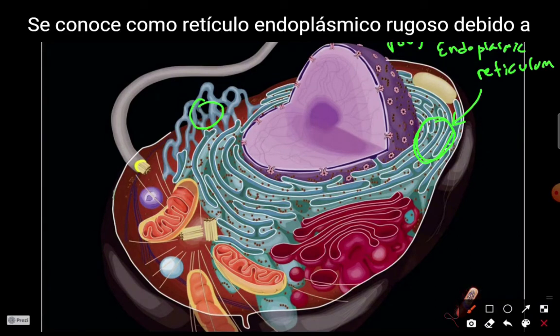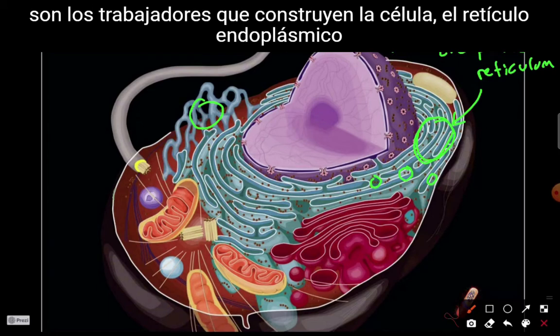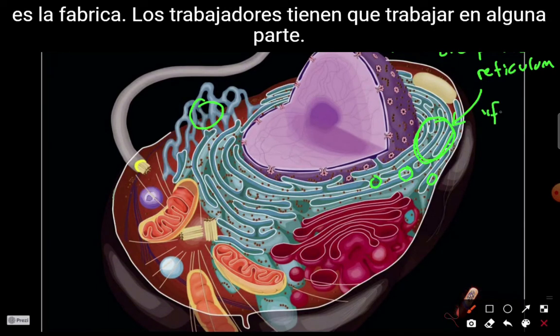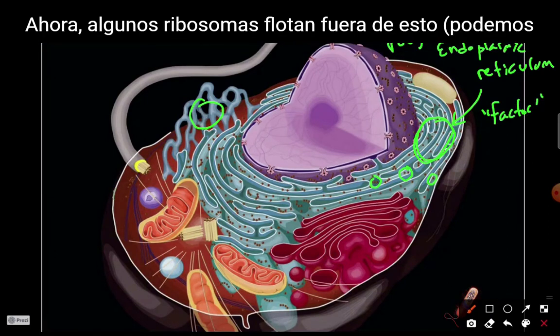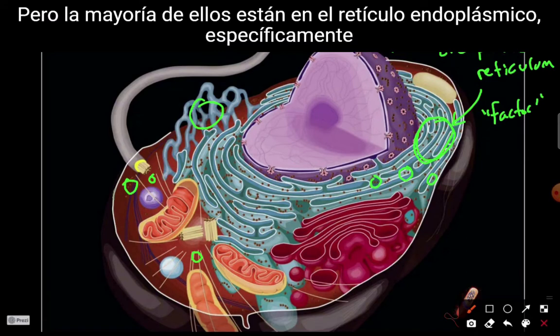It's known as the rough endoplasmic reticulum because of these ribosomes here, which I just mentioned. If the ribosomes are the workers that build the cell, the endoplasmic reticulum is the factory. The workers have to work somewhere. Now, some ribosomes do float around outside of this. We can see them here. But most of them are on the endoplasmic reticulum, specifically the rough.